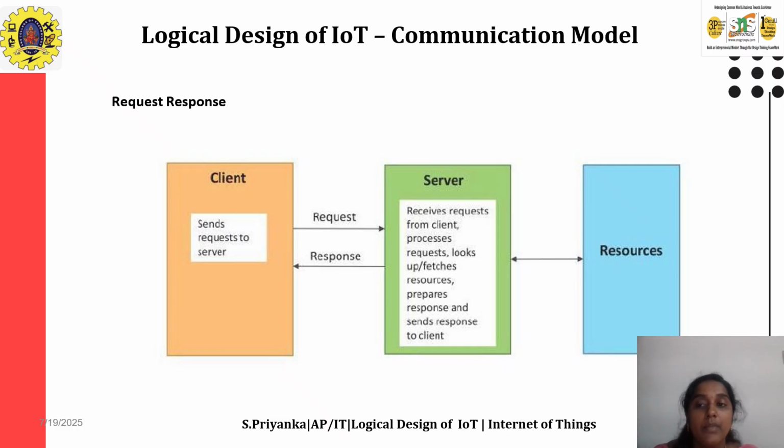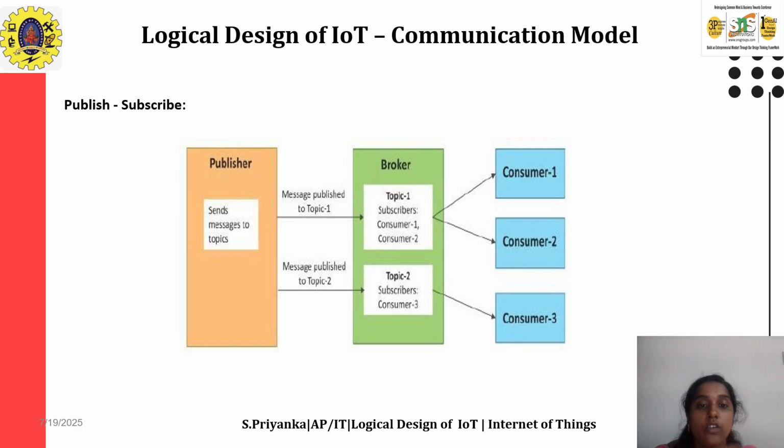Next comes publish subscribe. Publish subscribe is a communication model that involves publishers, brokers, and consumers. The publisher is the source of data and sends the data to the topics which are managed by the broker.